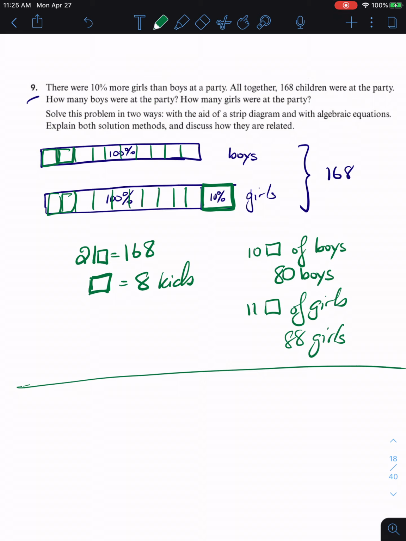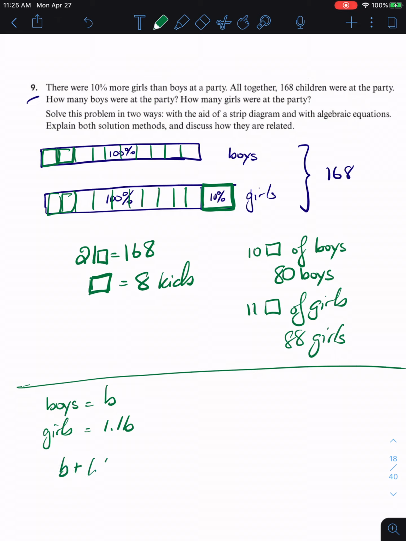Okay. Now let's take a look at an algebraic way of doing this. So if number of boys is B, right? Number of girls is 1.1B because we have 10% more.